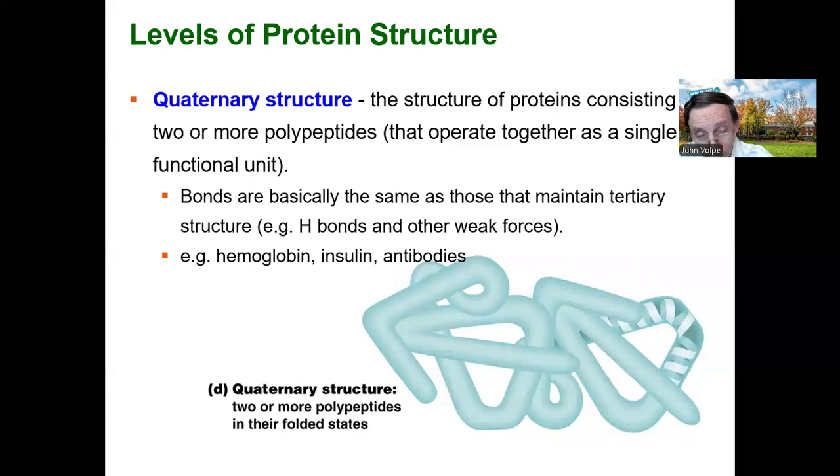You could call them 4 polypeptides, whatever, that need to come together to make the finalized protein, which we call the antibody or the hemoglobin. And that's the quaternary structure. Any question about any of that? Remember, only some proteins have a quaternary structure, but all proteins have a primary, secondary, and tertiary structure.